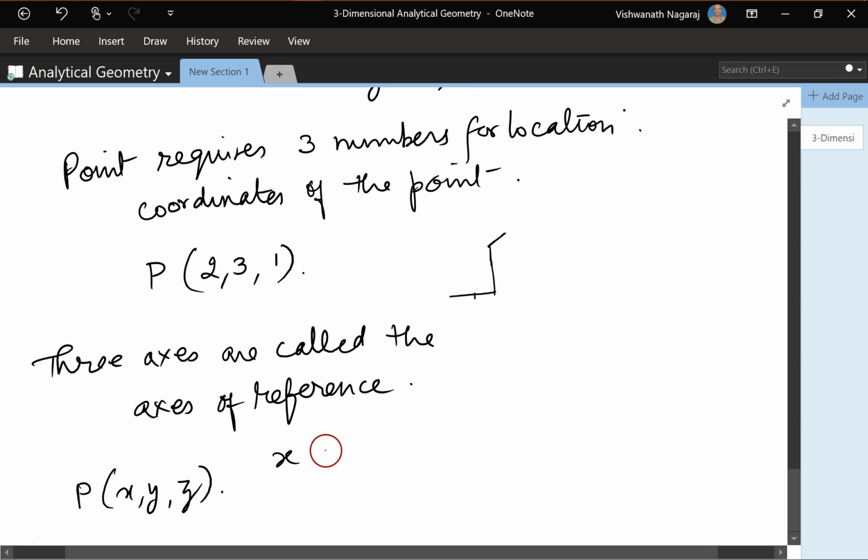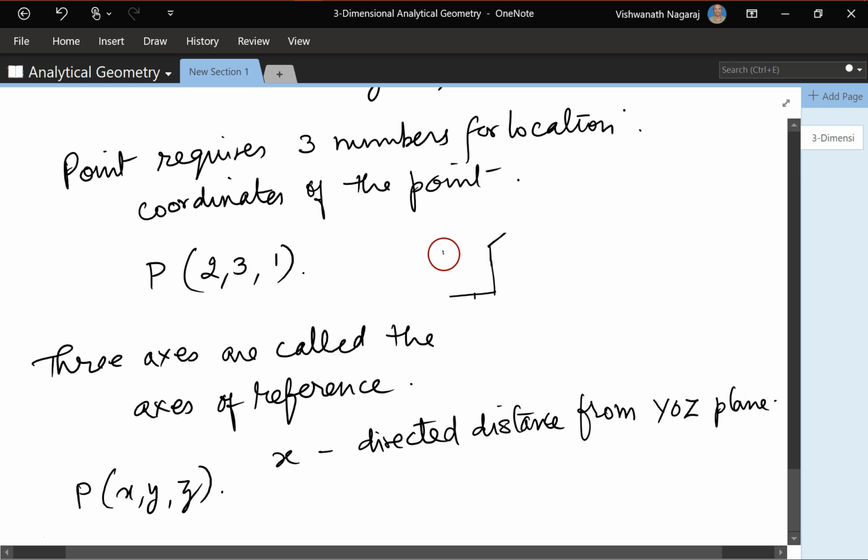X is the directed distance from YOZ plane, right? Remember, this is x, let's say this is y, and this is z. So this is what plane? This is YOZ plane, right? So from there, how far away it is?